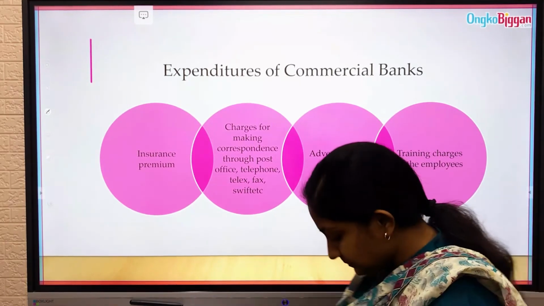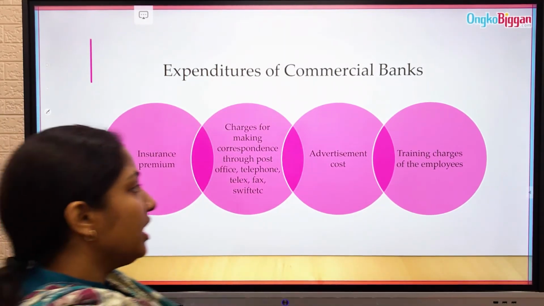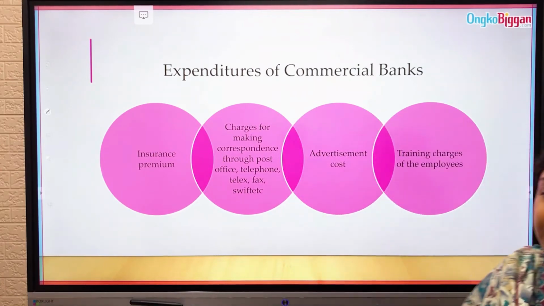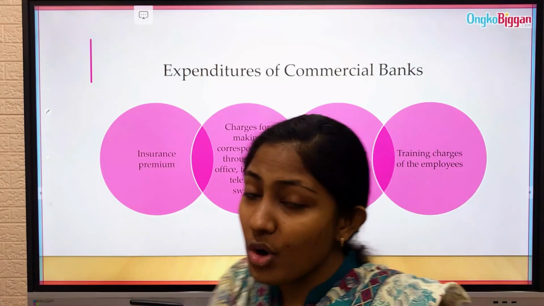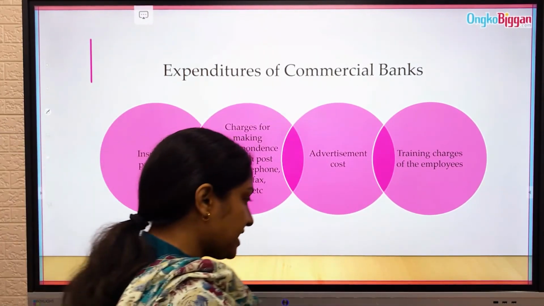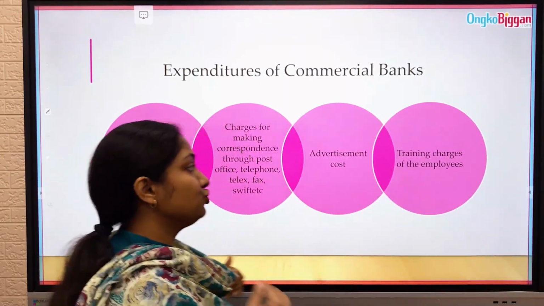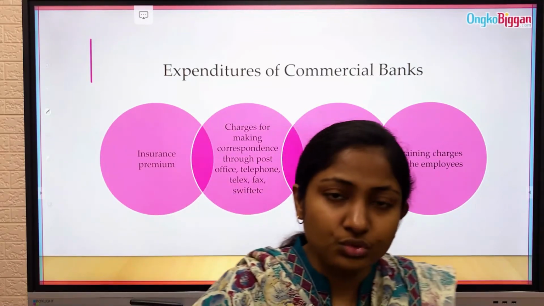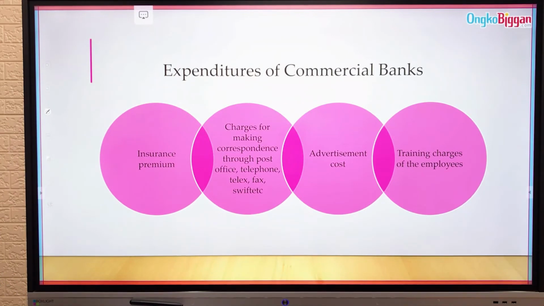Training charges. You have employees, and you cannot just recruit fresh graduate students and expect that they will know everything inside your bank, or all your operating activities. So to know more detail about your company, you have to hold a training session for your newly recruited employees, so that they can understand your operating activities.